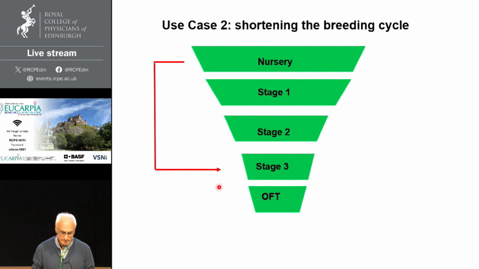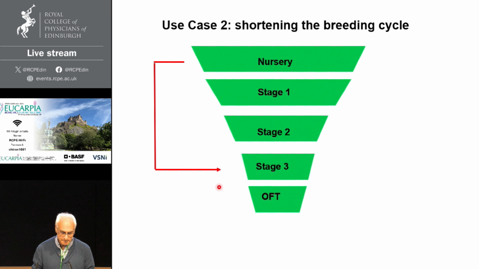And so the question really arises, how well can we predict performance in this environment from testing and selection in the research station environment? And it's a surprisingly under-researched question in plant breeding in situations where farmers are really constrained for inputs.